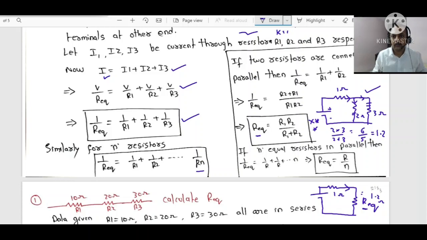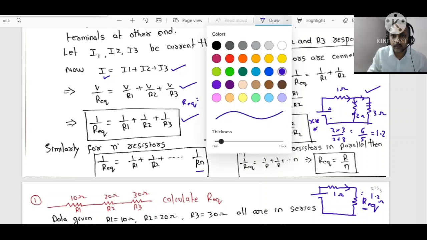One more common mistake in a hurry while doing the problems: if only two resistors are in parallel, a student will forget 1 by R equivalent. Instead of that, he will write R equivalent equal to, and we observe this most of the times from students in labs and records.